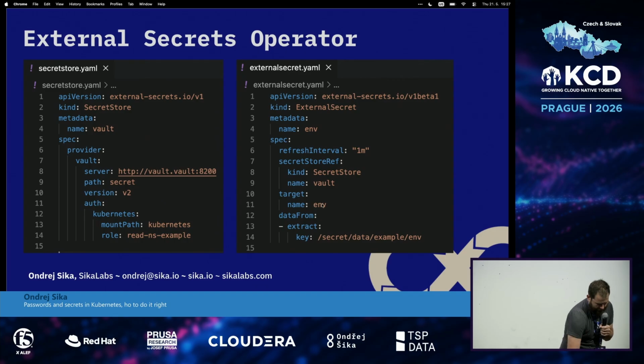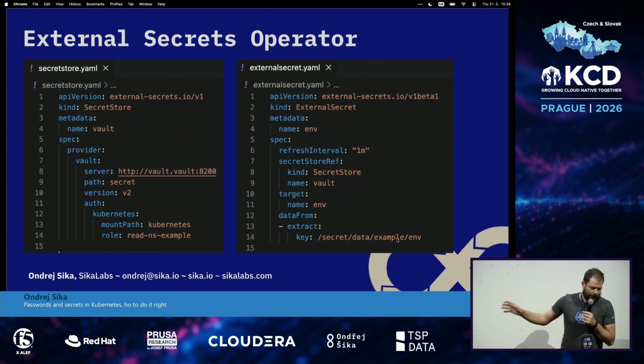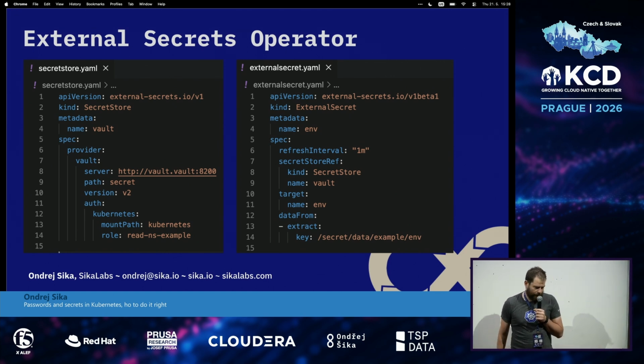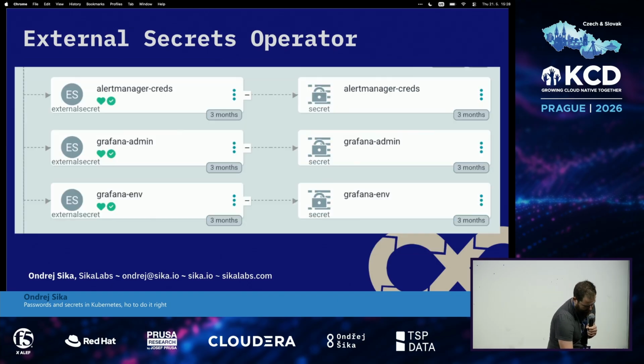We will create a secret called env, and we will map everything in this path. So we will sync the secret object from Vault on the path example/env into our secret. So that's the idea behind the secret operator.